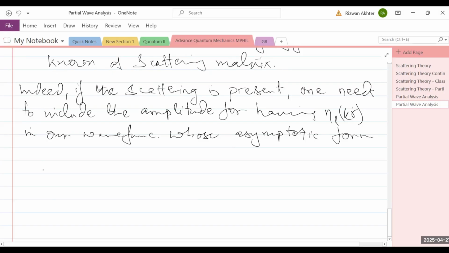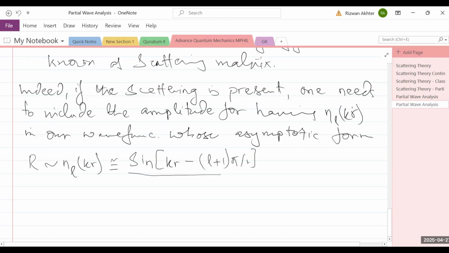सो this r would be approximately equal to n sub L of kr, which is in fact approximately equal to sine of (kr minus (L plus 1) times pi by 2), divided by kr. So it is asymptotic because it is divided by kr.